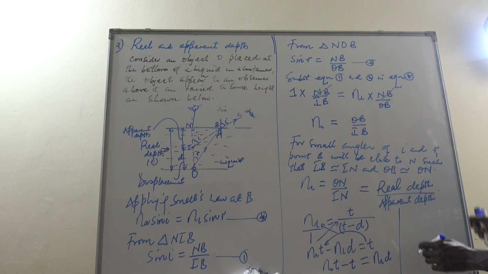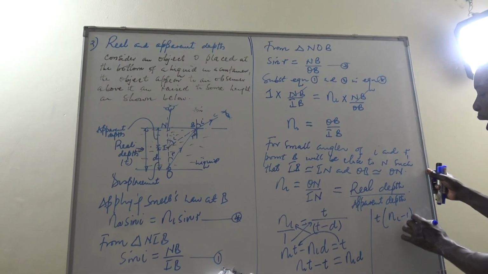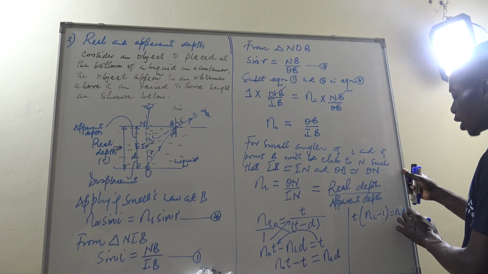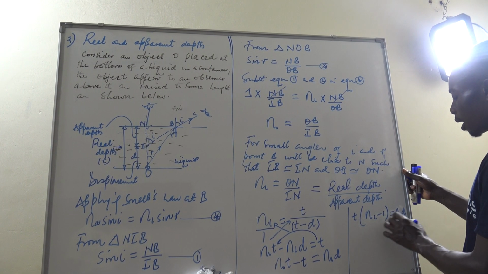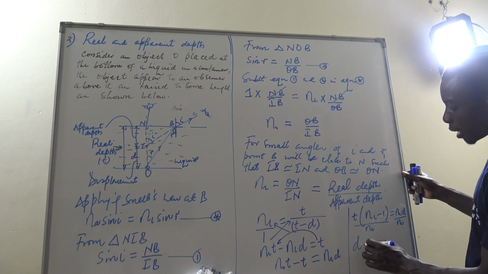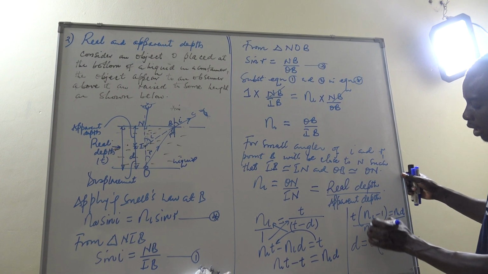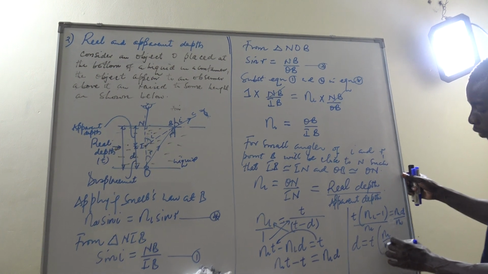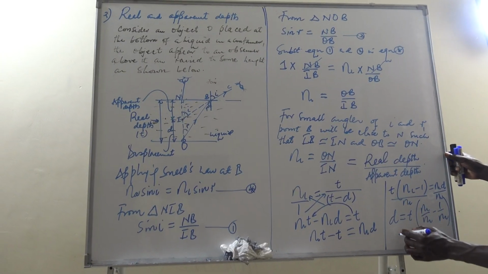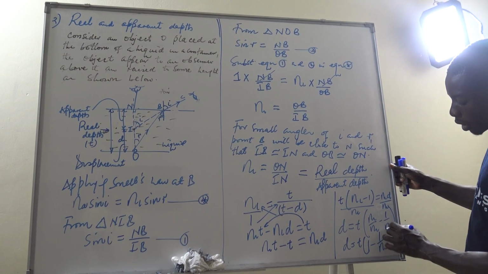So from here I can remove out T, and I say T into NL minus 1 is equal to NLD. I can divide by NL. So my D here can therefore be equal to T into NL out of NL minus 1 out of NL, that is if I distribute it to all these. And my D will be T into 1 minus 1 out of NL.